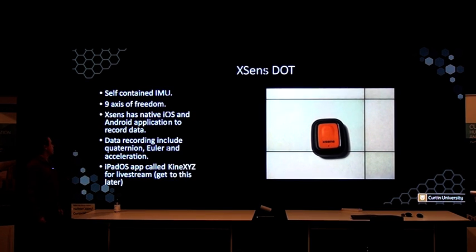Xsens has a native app for both Android and iPhones, which you can use to get Xsens data. Unfortunately, in this case, because I do need live streaming, I can't use the app, so this is where the iPad app Kind XYZ gets into play, and I'll come to that shortly.